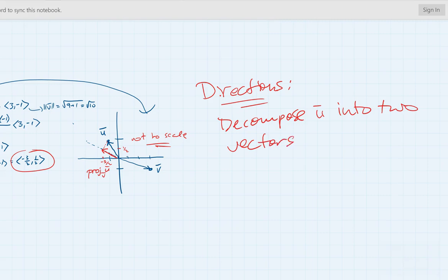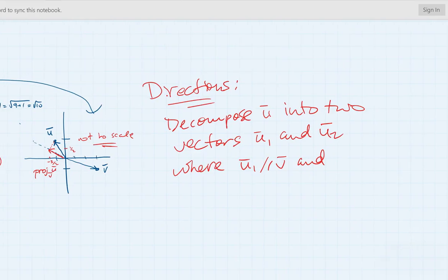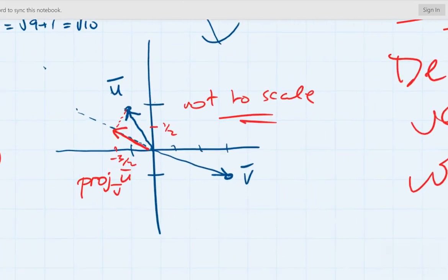Let's call them U1 and U2, where U1 is parallel to V and U2 is perpendicular or orthogonal to V. Okay, so we already have this one here. It's the projection.